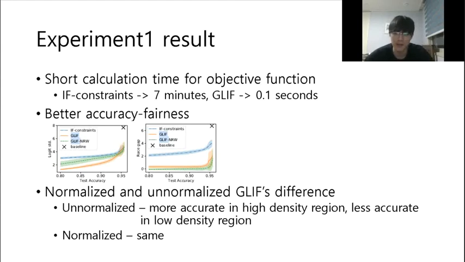By comparing the left and right graphs, the difference between normalized and unnormalized GRIF is that unnormalized GRIF is more accurate in high density regions, that is the left graph, and less accurate in low density regions. And actually normalized Laplacian, normalized GRIF, is the same for all density regions.